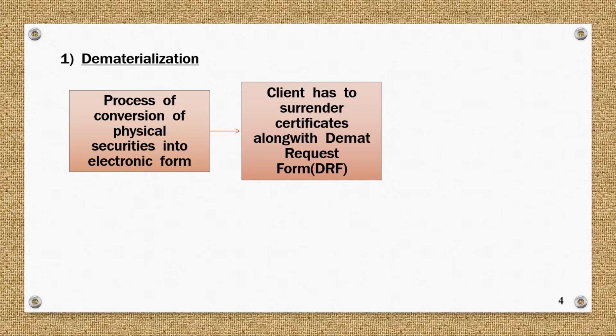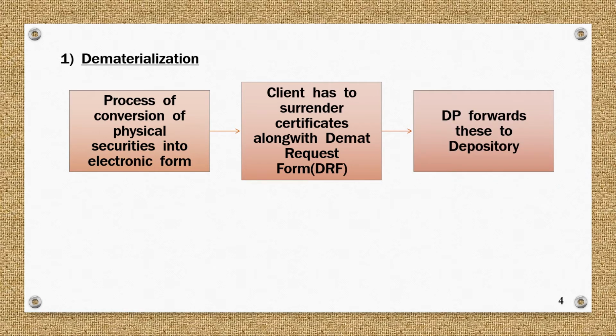Now over here, we need to understand about DRF. Demat request form is a form which is available in a prescribed format with the company. An investor who wants to get his or her physical certificates converted into electronic form needs to fill this form in detail and submit the same to the depository participant.